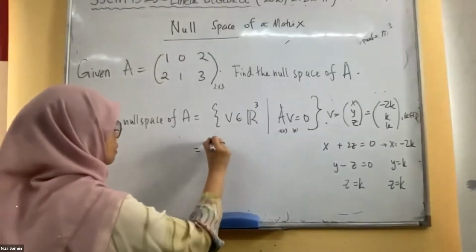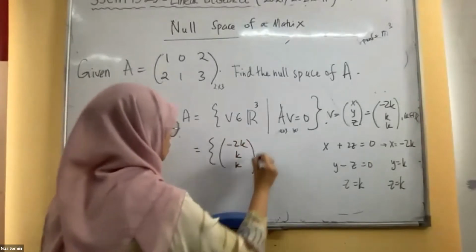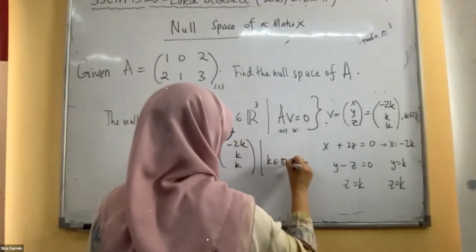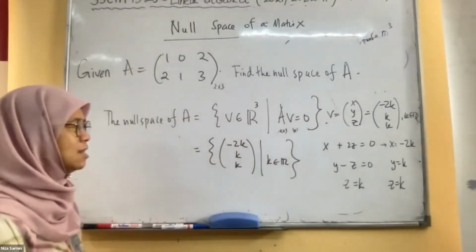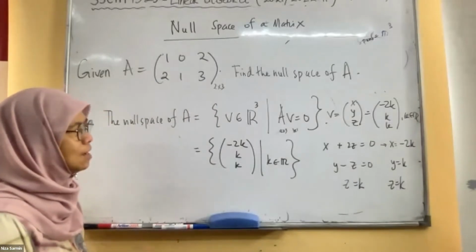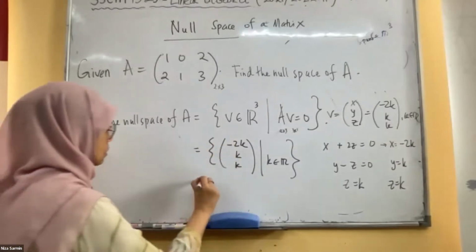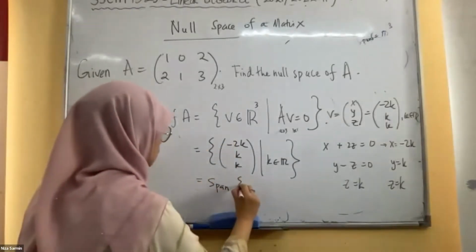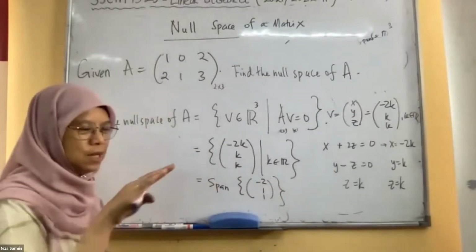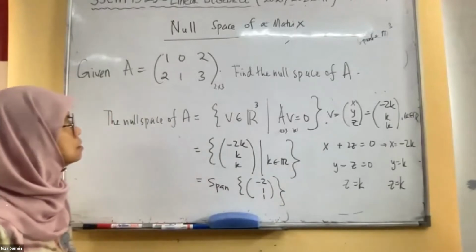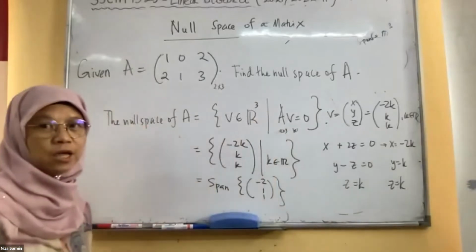So you will write negative 2k, k, k in R. If you use different letters, negative 2x, x, x in R, it's okay. As long as you put, this is actually the span of negative 2, 1, 1. If you put R3, it is okay in this case, as long as I know you meant R3.